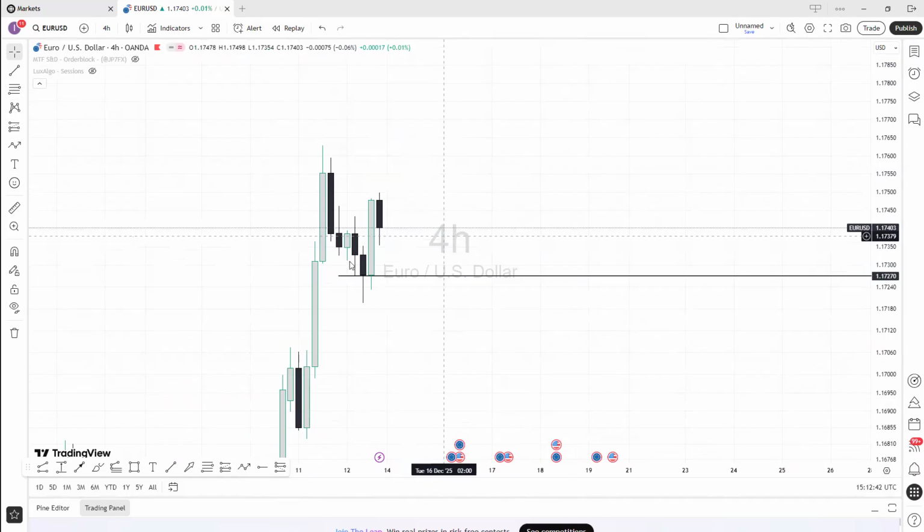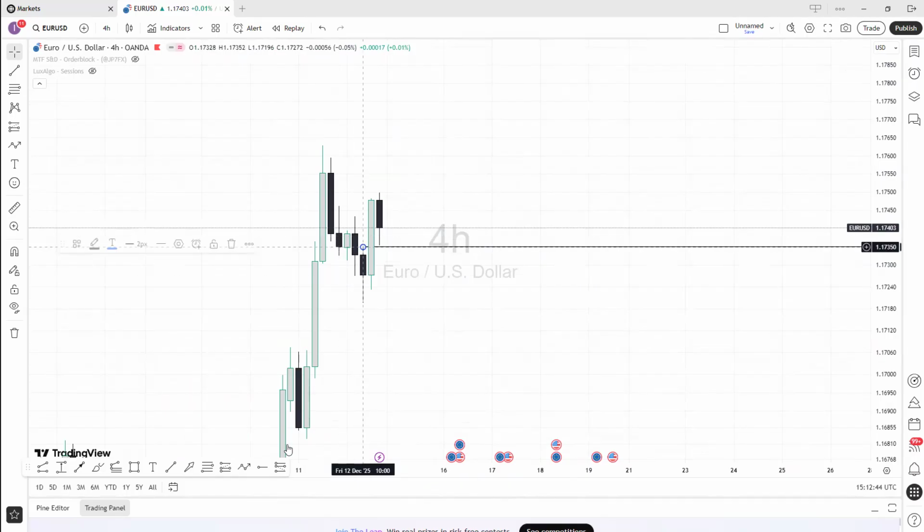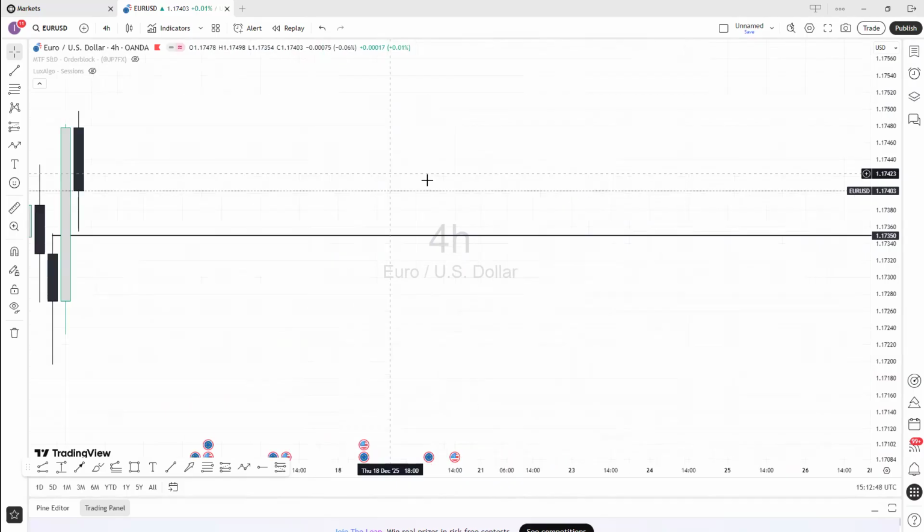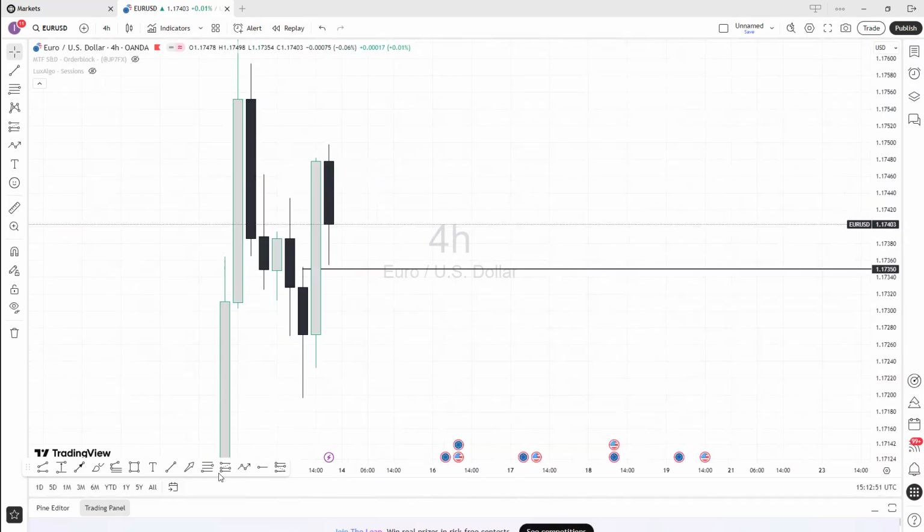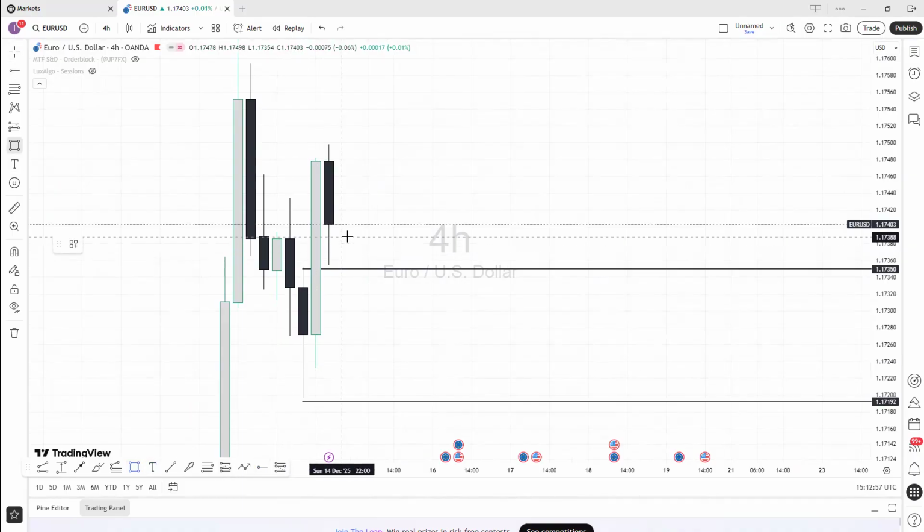On the 4-hour time frame, we have an unmitigated 4-hour demand. Immediately after market open, we have to wait for price to react from that 4-hour demand. What we are supposed to wait for here is a rejection, another candle to activate that demand.